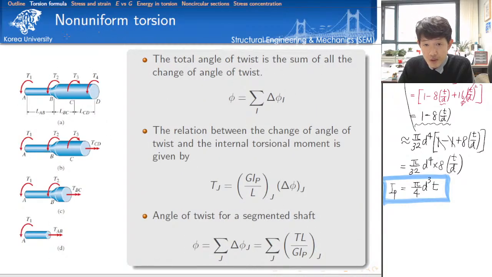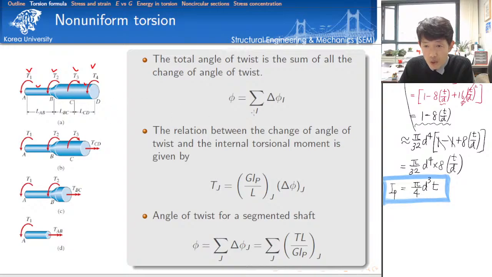Okay, so now let's talk about non-uniform torsion. So here, let's say we have two different cross sections, and here we have multiple torsional moments. Then we'd like to subdivide the problem into small segments, in which the condition is homogeneous to each other.